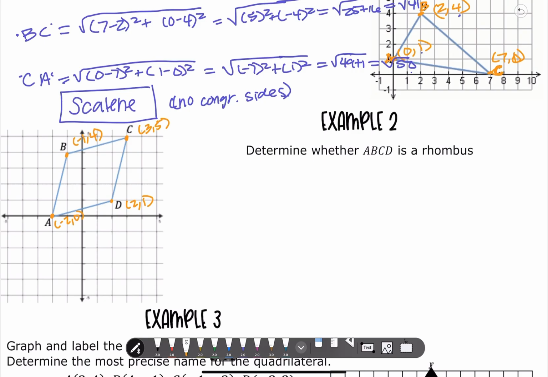All right, so now that we've labeled our points, we also need to first check if it's going to be a parallelogram or not. Now, the reason why I do this, and let me show you on a blank piece of paper on the back right here. If you've got a quadrilateral, you have to check for a couple of things.